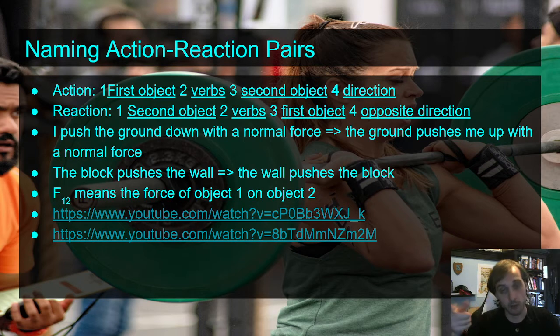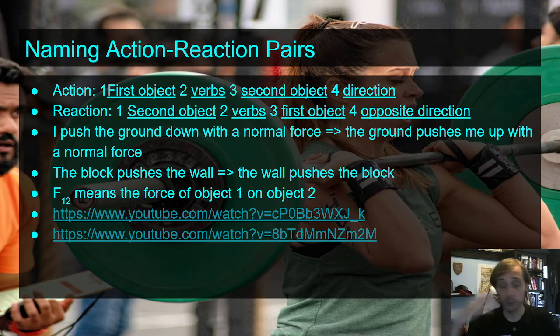I push the ground down with a normal force. When I do that, the ground pushes me back up with a normal force. And if the block pushes the wall, the wall will push the block back the other way the exact same amount. In particular, I did already say this, but just re-highlighting, F12 means the force of object 1 on object 2.